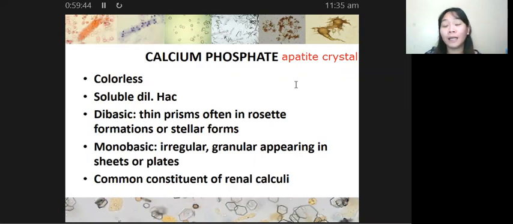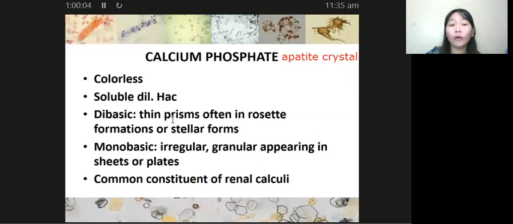Favorite po nila yung mga ganyang terms. So please do not forget yung mga ganyang terms na binibigay ko ngayon. Maaalala nyo ako pag na-encounter nyo yan sa board exam. So yan, apatite crystal. It is colorless, and it is soluble in dilute acetic acid.